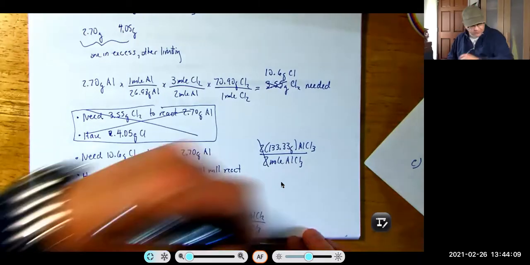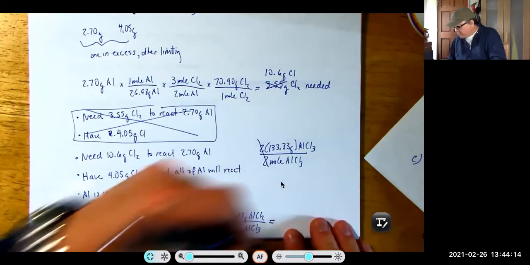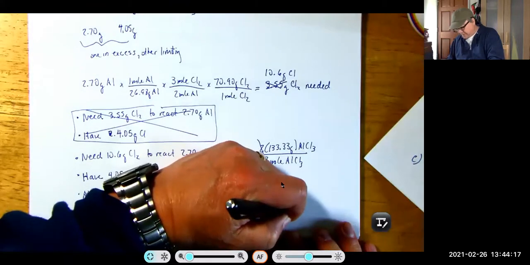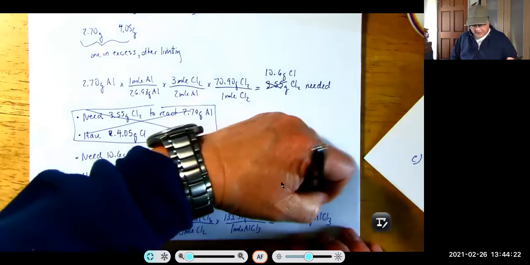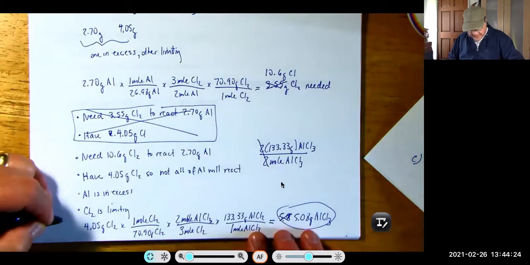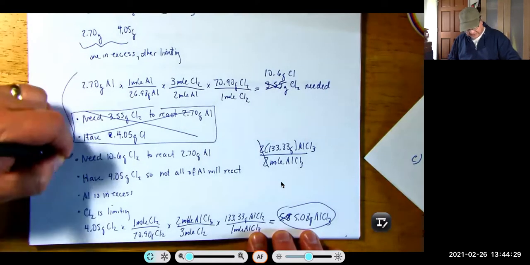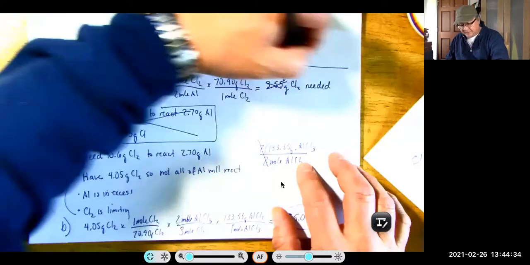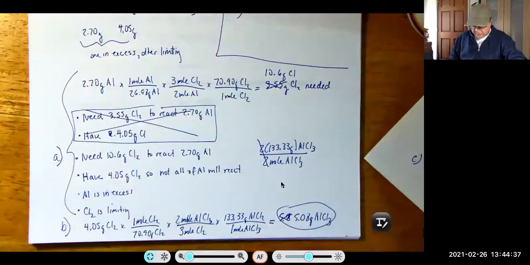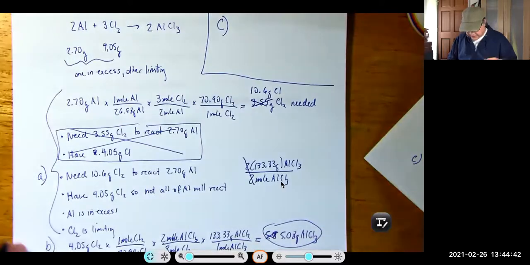Okay. So when we do the math here, we find that we get 5.08 grams of aluminum chloride, and that's going to be our yield. So that's going to be A here. This is A, and this is B. Now, what about C? How do we find how much is left over? Well, in this case, I think it's going to be a similar problem to what we did before.